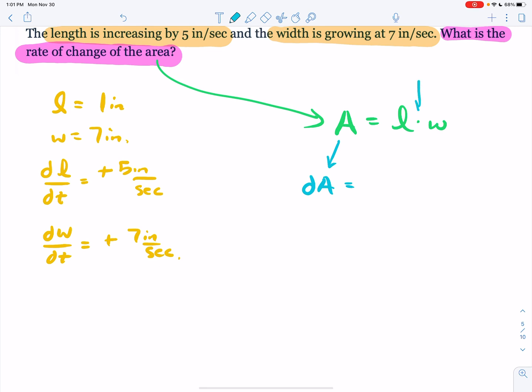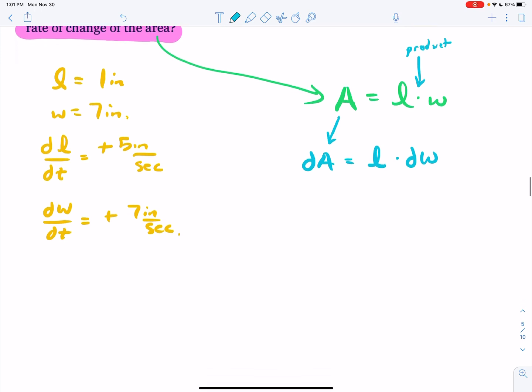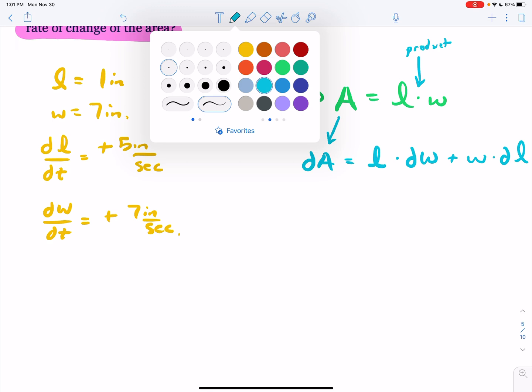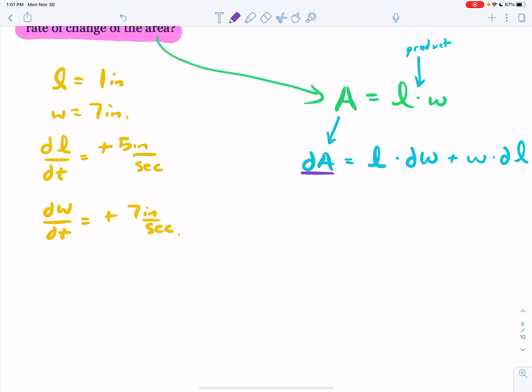This is a product, so we have to apply the product rule. So that's going to be the first times the differential of the second plus the second times the differential of the first. Okay? Replay that if you need to. We're going to divide every differential by a dt, always with related rates, okay?